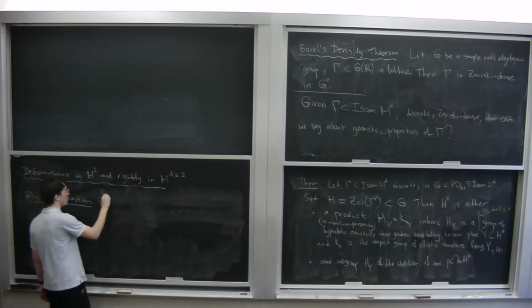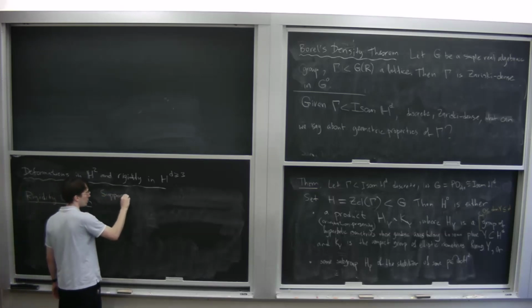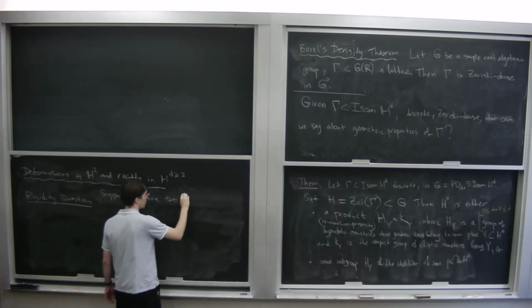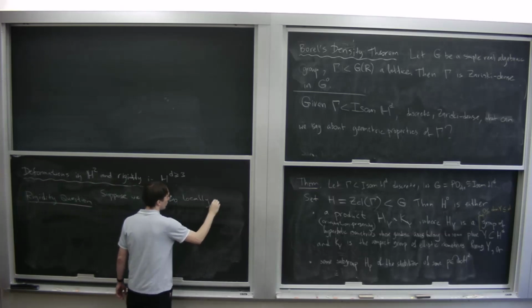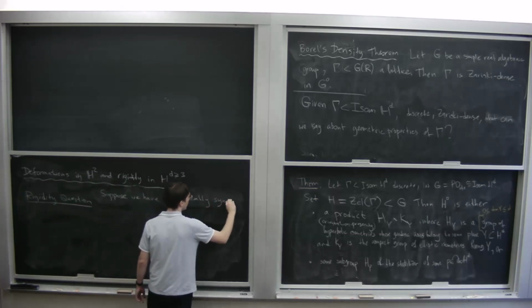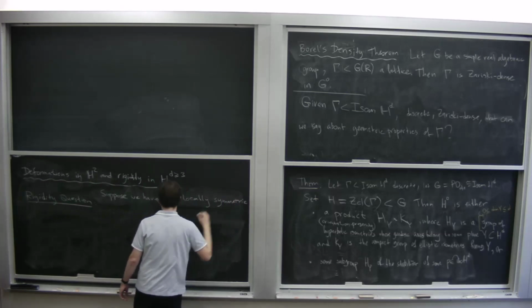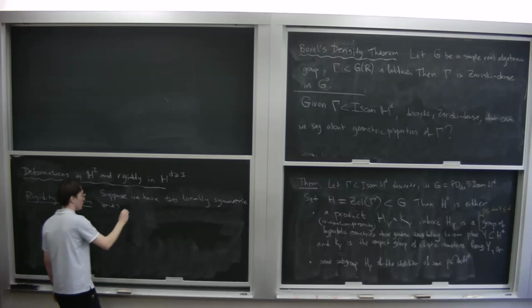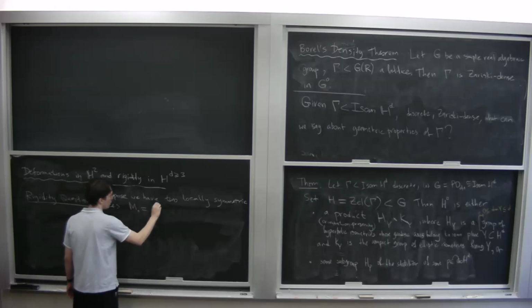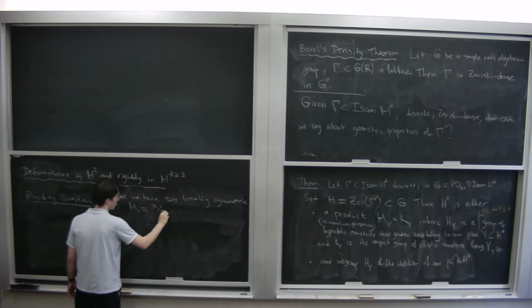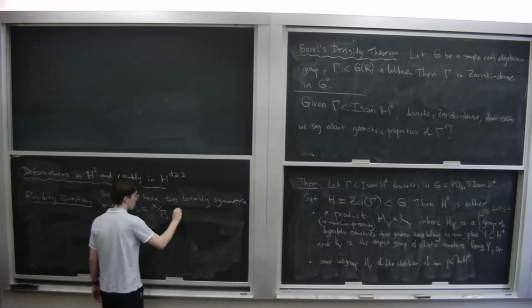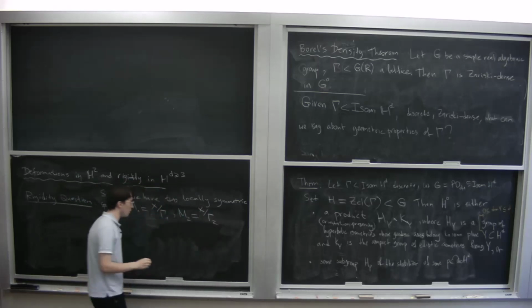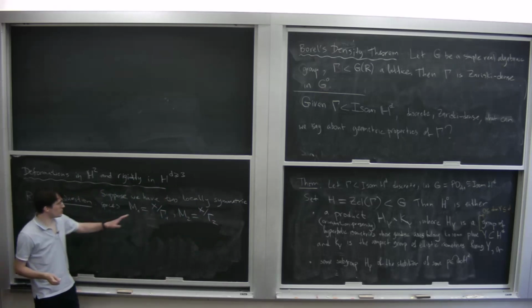Suppose we have two locally symmetric spaces, M1 being just X mod gamma 1 and M2 being X mod gamma 2. So I simplified a little bit.